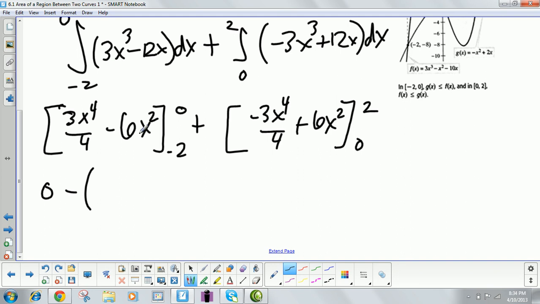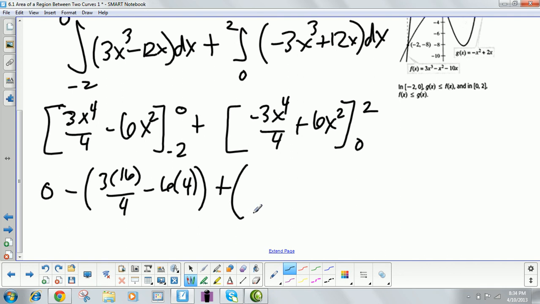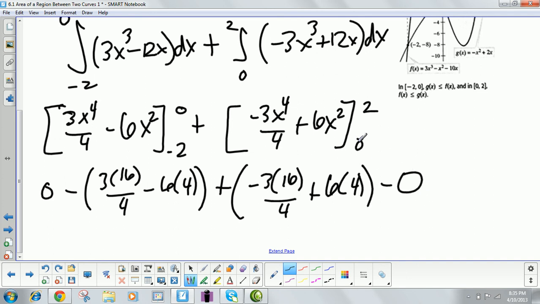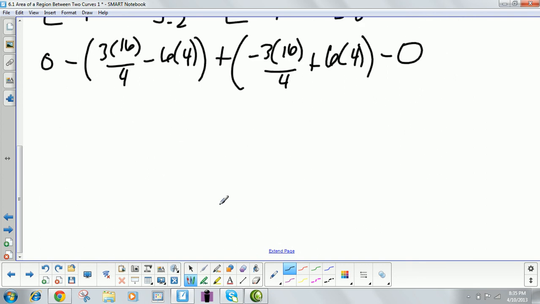So it's just going to be your upper limit, which is 0, minus your lower limit, which is going to be 3 times 16 all over 4, minus 6 times negative 2 squared, which is 4, plus, when you plug your upper limit in, negative 3 times 16 all over 4, plus 6 times 4 here, minus, when you plug your lower limit in, that's just 0.